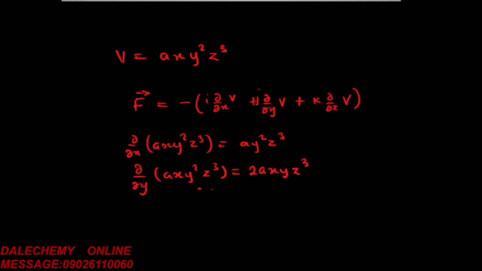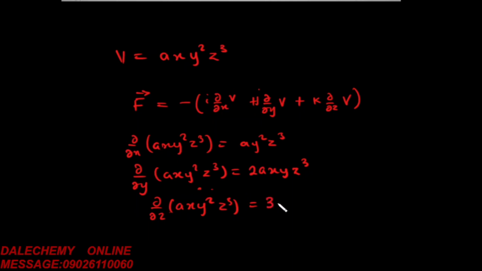Then with respect to z, d/dz of a x y squared z cubed will become, you treat all these ones as constant and you differentiate this, that's going to be 3z squared.